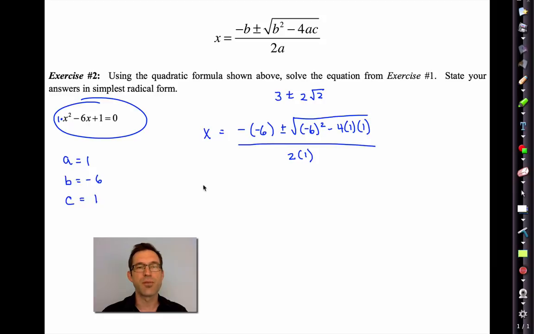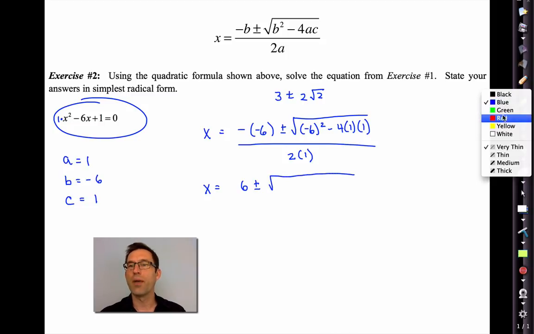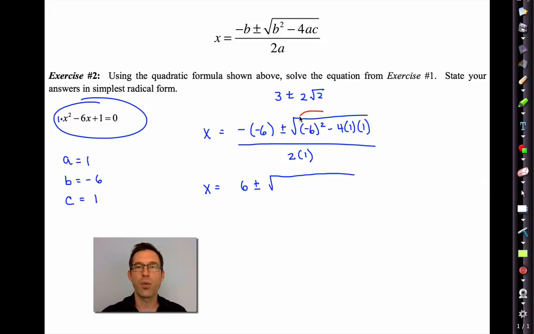Now let's do some simplifying. Okay, first thing, negative negative 6 is positive 6, plus or minus. The number one place people will mess up the quadratic formula more than anywhere else is right here, okay? Because they'll maybe type this into their calculator, and their calculator will tell them negative 36, which is crazy. Negative 6 times negative 6 is positive 36.